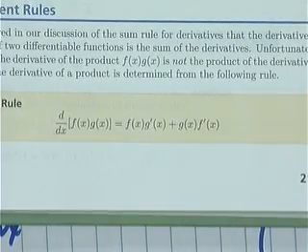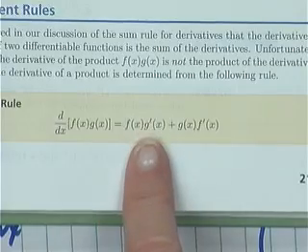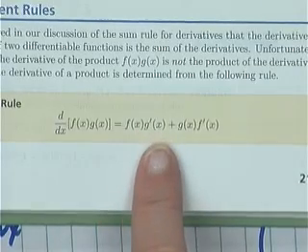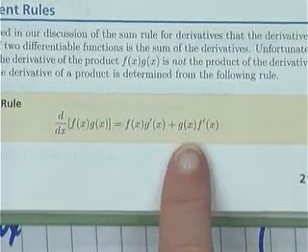Anybody have any way you learned it from somebody else that had any little words to say? Okay, will you people be happy with first and seconds? All right, let's mumble together. If you have two functions multiplied together, the derivative is first times derivative of second plus second times derivative of first.